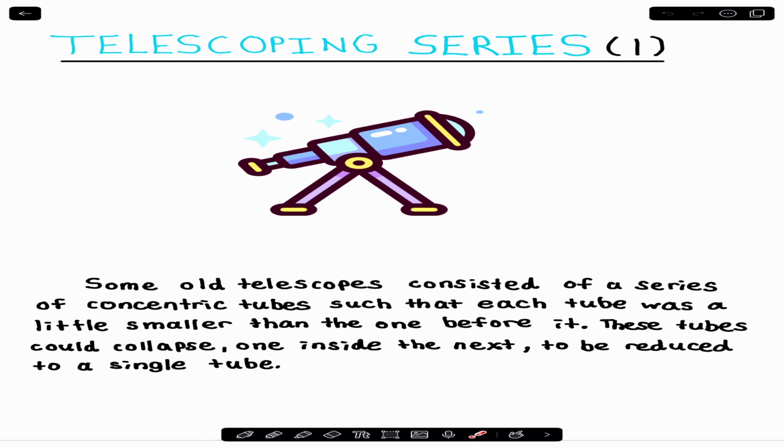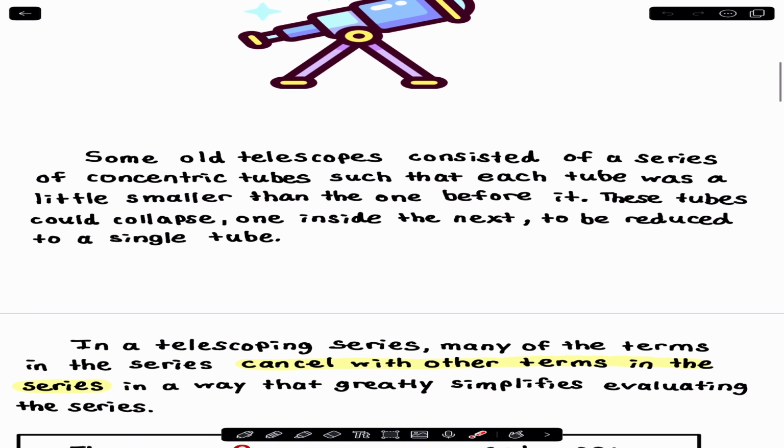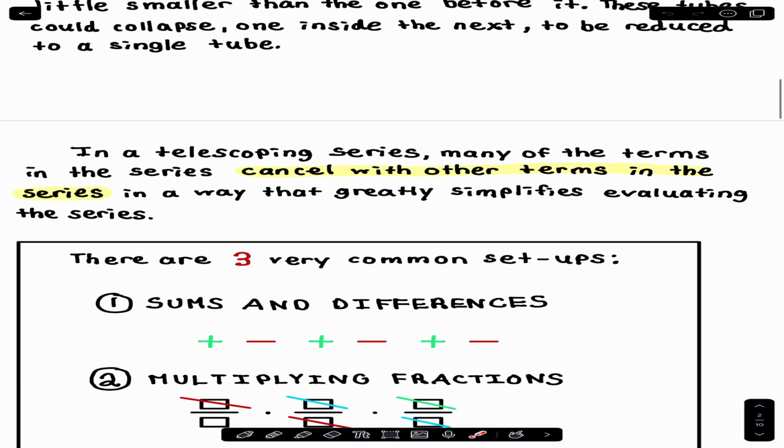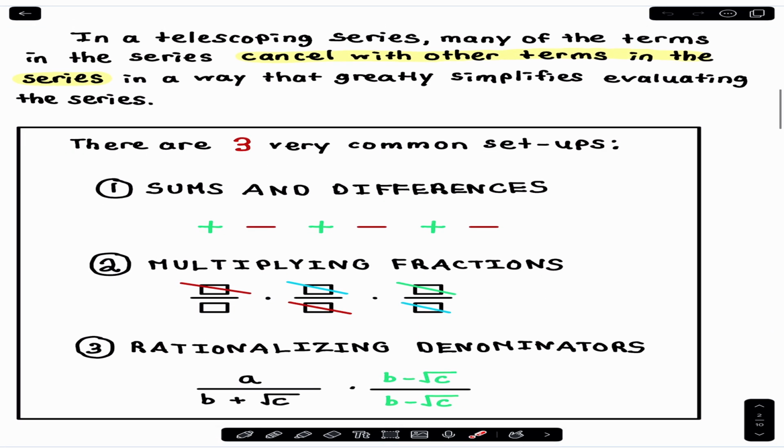A lot of terms in the series are going to end up collapsing, and you're going to see how that looks in just a few minutes. Basically, everything in the middle is going to go away. So what does that mean? Let's take a look. Enough talk about the telescope, let's go into the actual telescoping series.